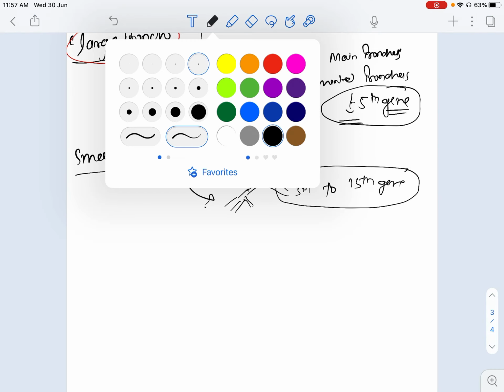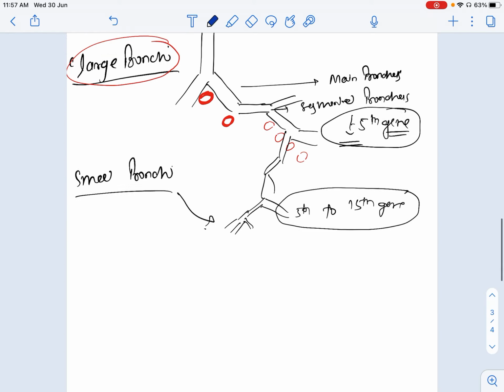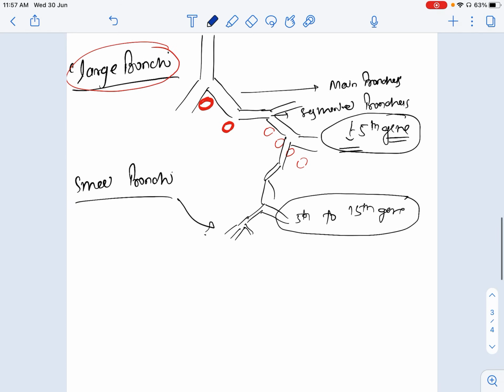Now what happens distal to the 15th generation? By generation I mean the division: the first division, that of the trachea into bronchi, is the first generation. After the 15th generation, there are branches we don't call bronchi anymore.